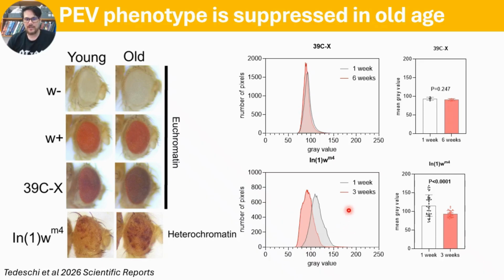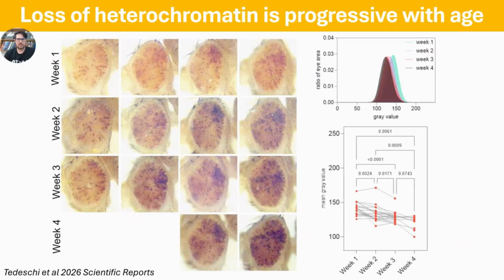And so the quantitation shows us something very similar in old age, 3 weeks of age. We get this mean grey value, which we quantitate from the eyes, which basically says that the eyes are darker. There's more red in them overall. And we can look at that progressively in individual animals, so longitudinally.